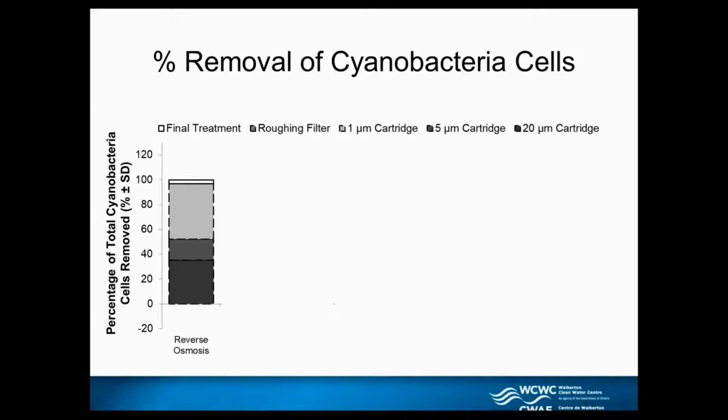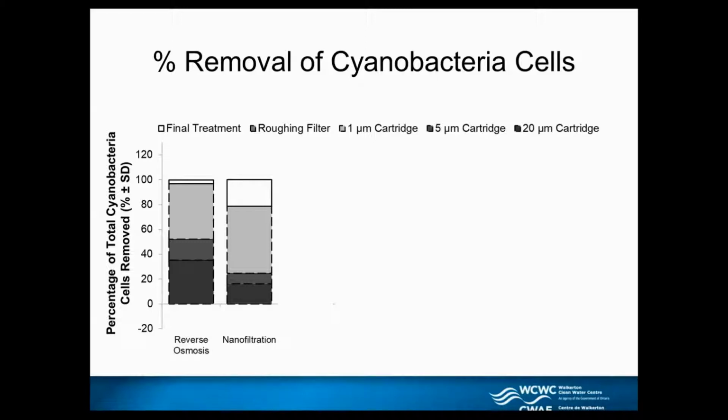And so we did find that for the cells, the majority were captured at the 20 micrometer cartridge filter, that darker gray bar, and then the 1 micrometer cartridge filter. And any remaining cells were fully captured and removed using reverse osmosis, which is that thin white bar on the top.